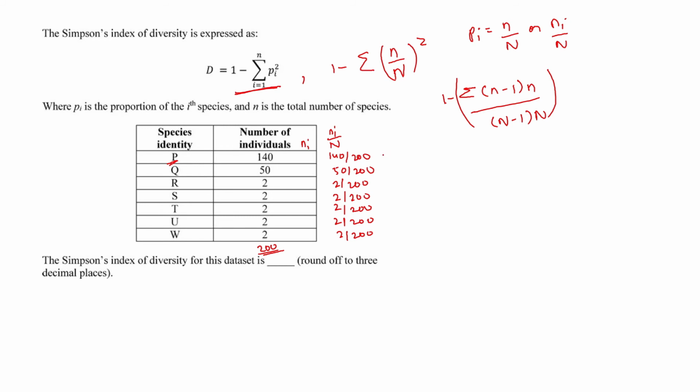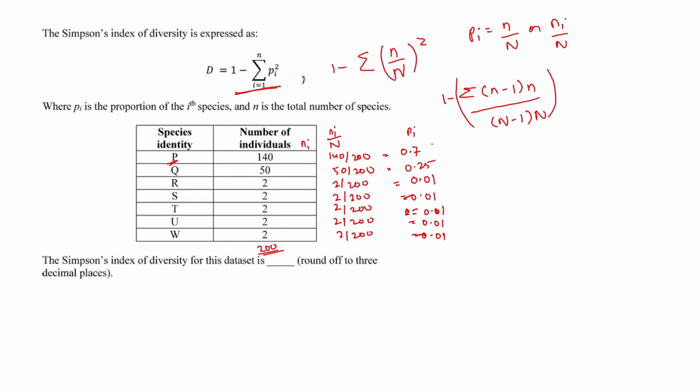Anyways, we'll move forward and do this, where we'll get the value as how much? 0.7. Okay, and here it is 0.25. Here it is 0.01, and so on. Now this one is pi.